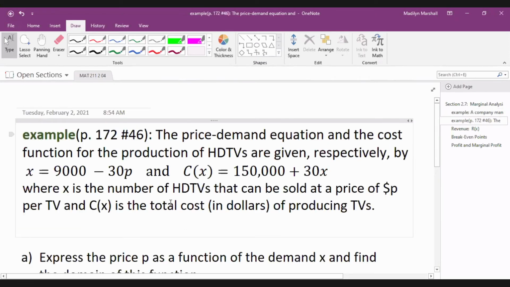All right, so this is a different example. This is directly from page 172 of the book, problem 46. So you're welcome to write this down in your notes or just look in the book.